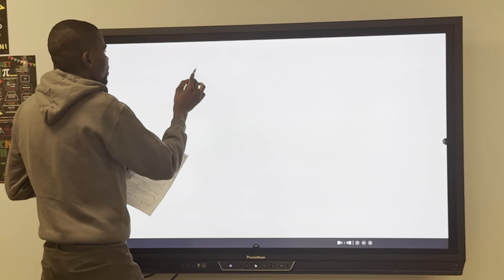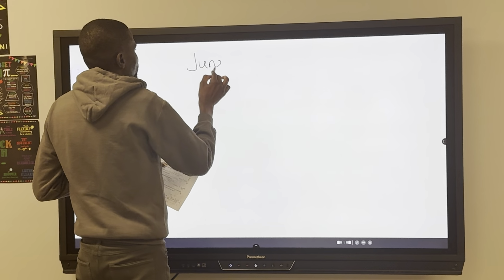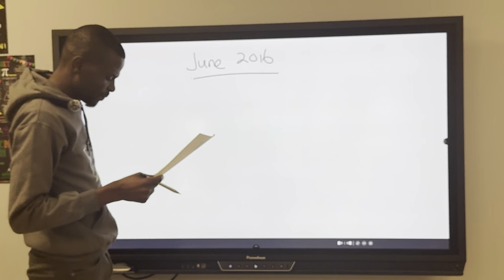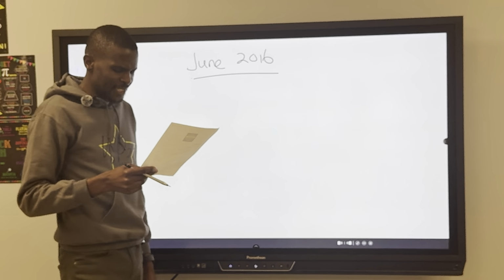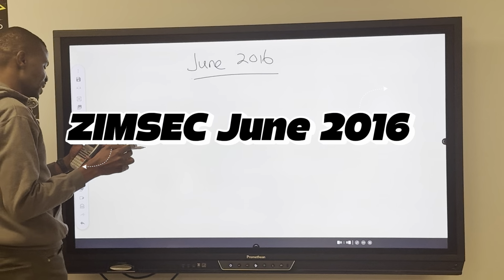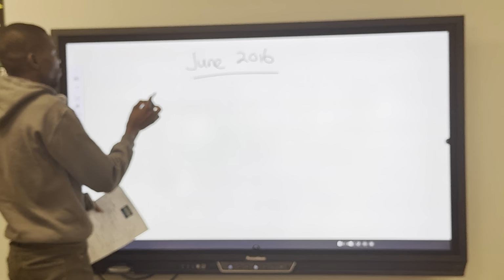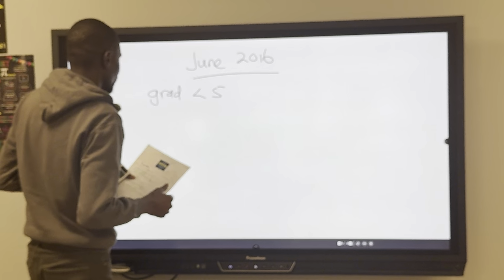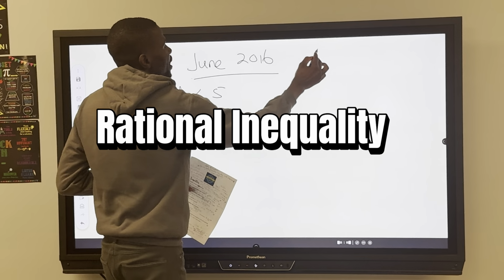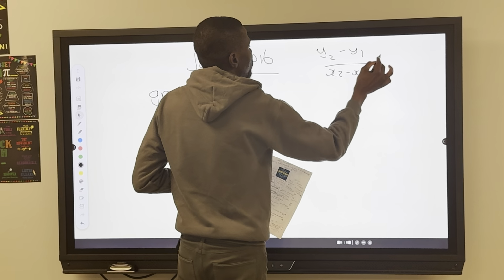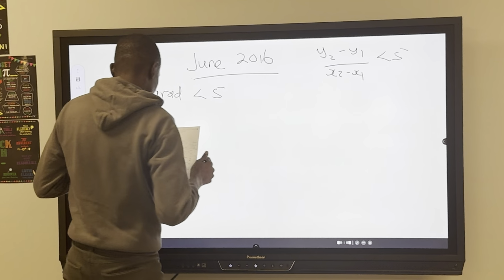So I have June 2016. The question reads, find the set of values of m such that the gradient of the line passing through the points is less than 5. So gradient is less than 5. And we know that gradient is y2 minus y1 over x2 minus x1 is less than 5.